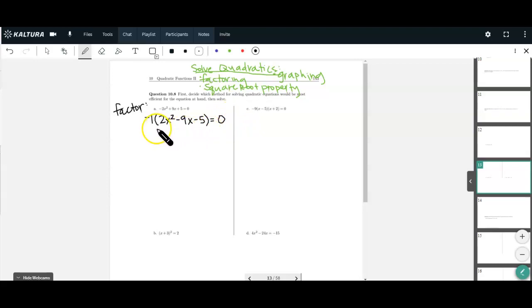Then I'm going to see if this will factor, right? So I'm going to do that method where I say, okay, do the first and the last term multiplied together. So 2 times -5 is -10. So what multiplies to be negative 10, right, that adds to be the middle term, which is negative 9.